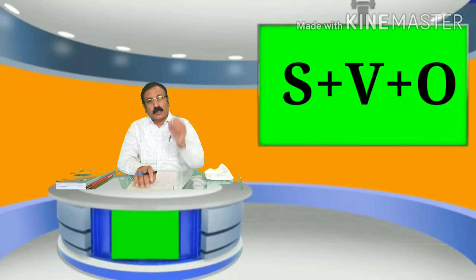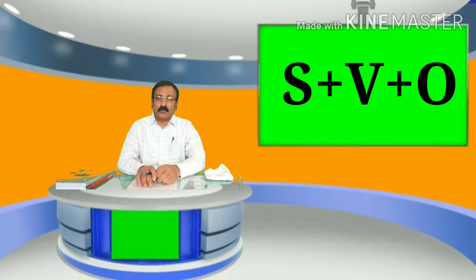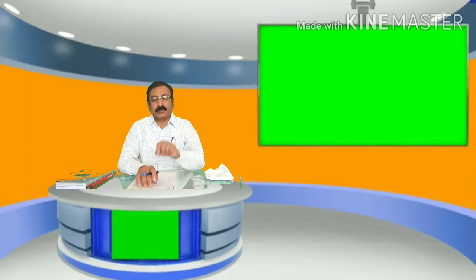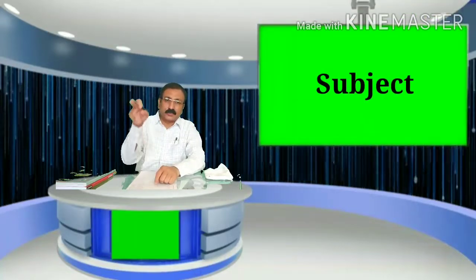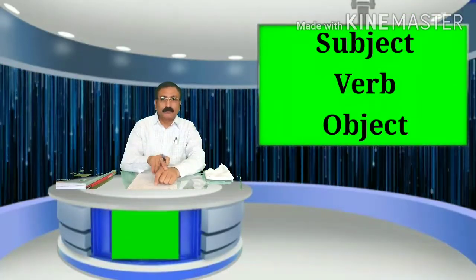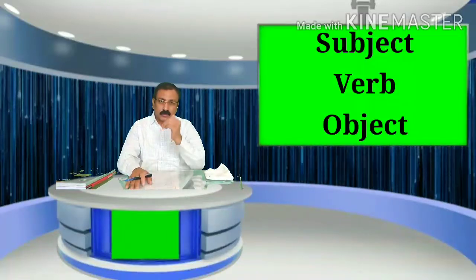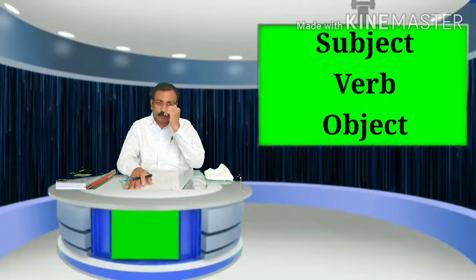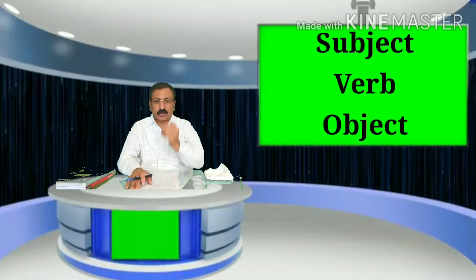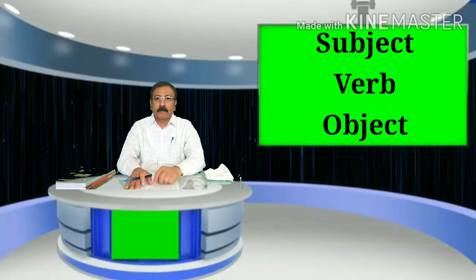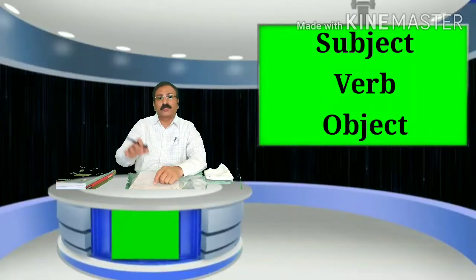I mean, every sentence in English is constructed following this pattern. The sentence begins with the subject, the subject is followed by the verb, and the sentence ends with the object. This is the construction we normally follow while writing or speaking in English.